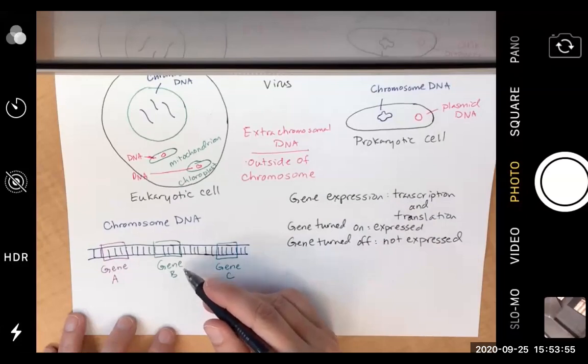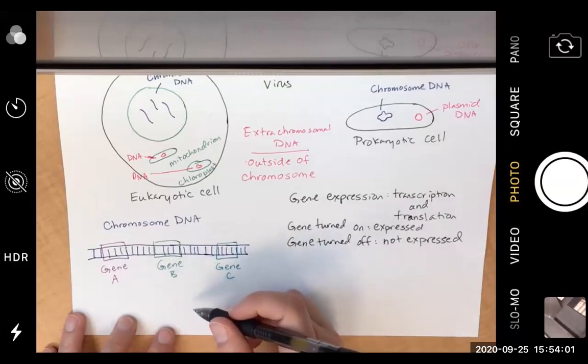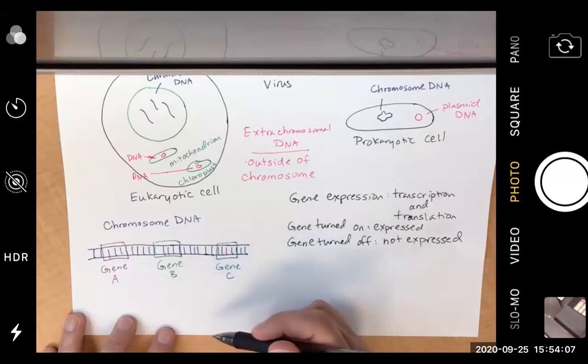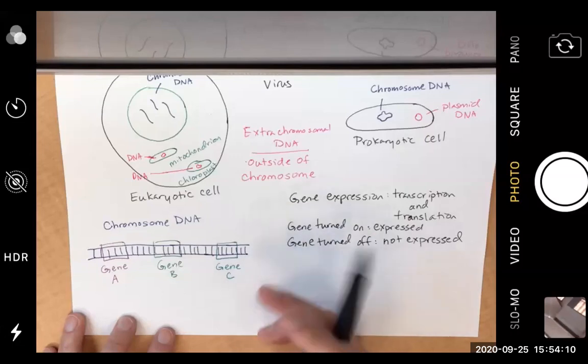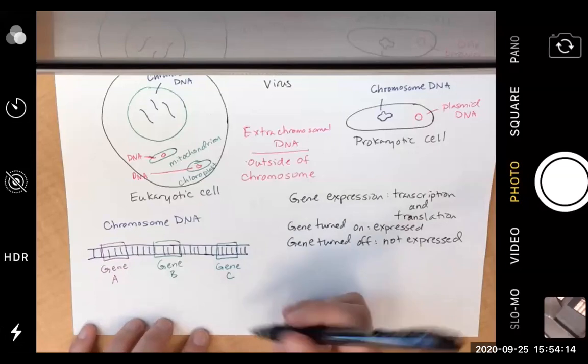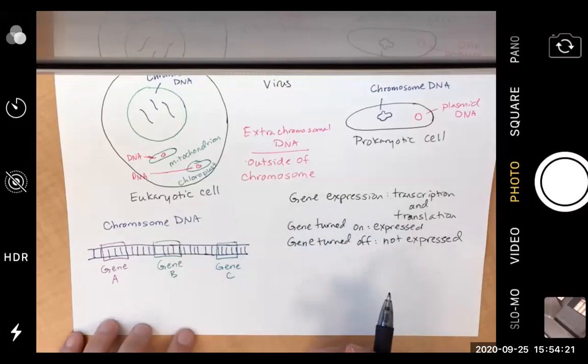Let's say the cell needs some more of protein B in order to stay alive. Maybe protein B is a transporter for bringing glucose into the cell, and the old transporters got worn out, and you need some more of these transporters to bring glucose in. Of course, the cell can't survive without glucose very well. That's the main energy source for this particular cell. And so it's very important to make more of this protein B.